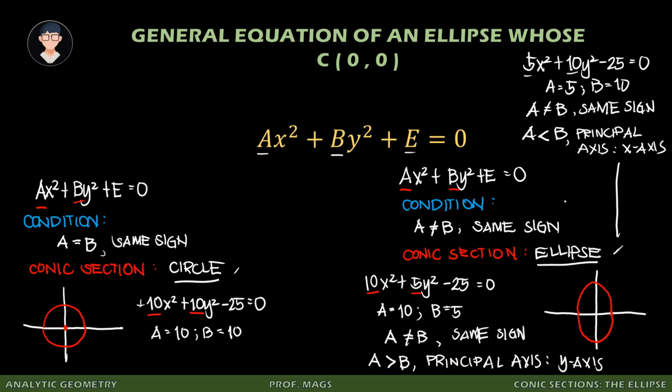So yung graph niya should look like this. Again, when the value of A is less than the value of B, your principal axis is the x-axis. And when the value of A is greater than the value of B, the principal axis is the y-axis. That is one shortcut that you have to keep in mind.